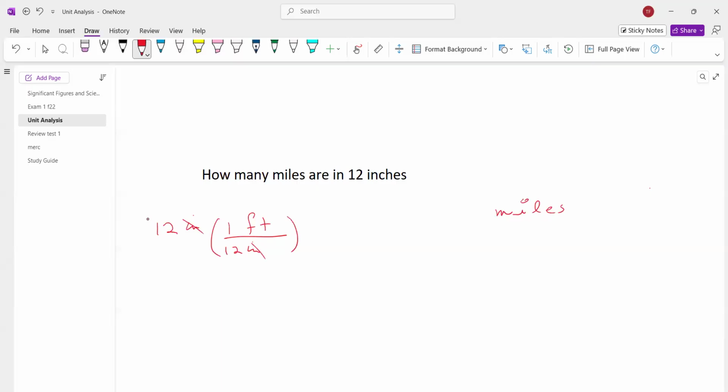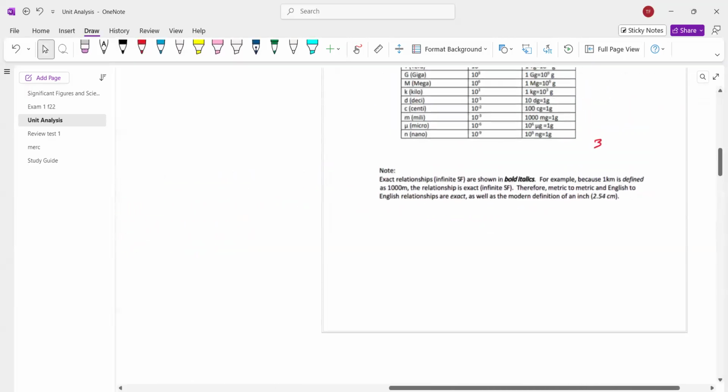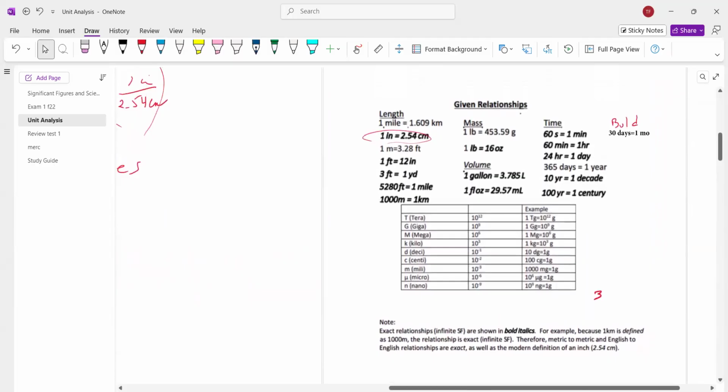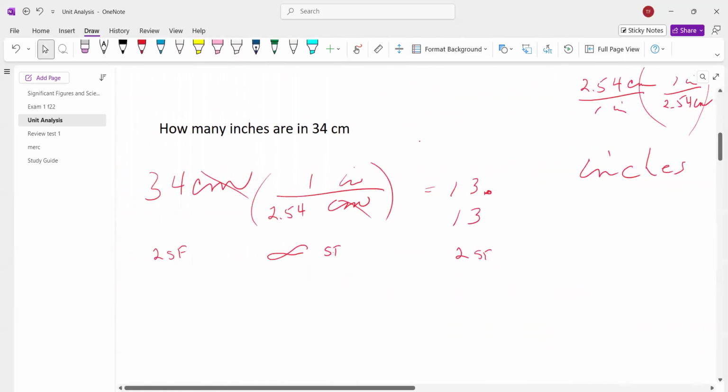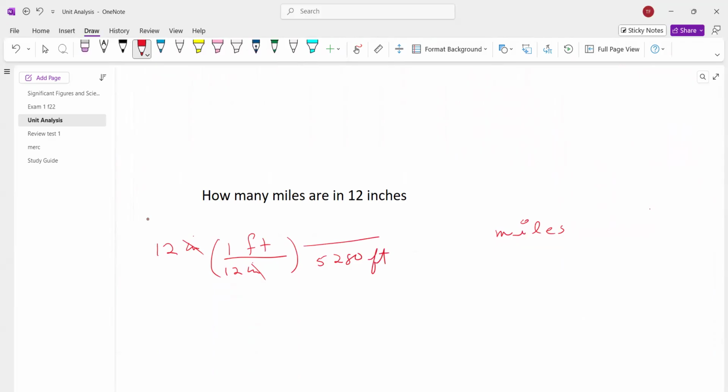Okay, now we're in feet. Now we go feet to miles. I'm going to use this guy here, 5280. So we multiply everything on the top, hit the divide sign, and everything on the bottom.